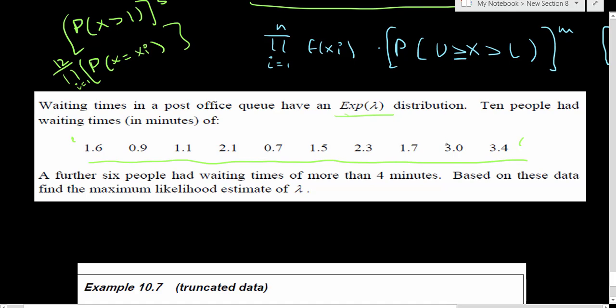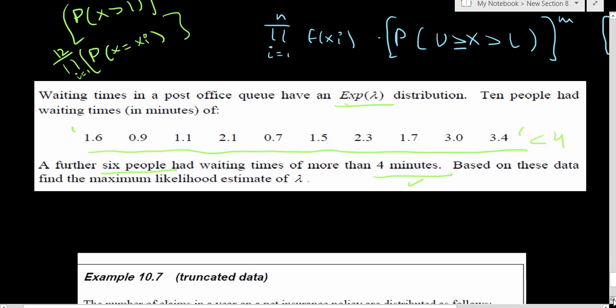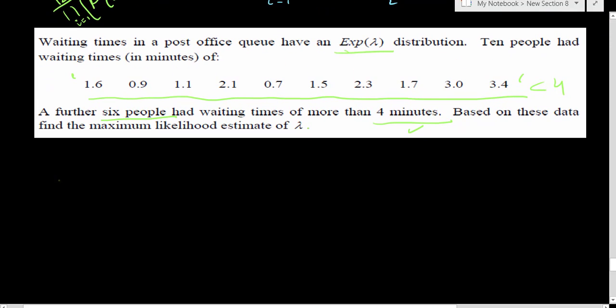But for a further 6 people, the waiting times were more than 4 minutes. So we have all these values less than 4, and we know the exact values. And for 6 people, the waiting times were more than 4 minutes. Based on these data, find the maximum likelihood estimate for lambda. So we need to find the maximum likelihood estimate like we used to before. This is the question that we have.